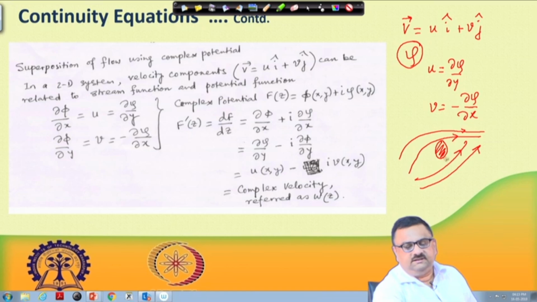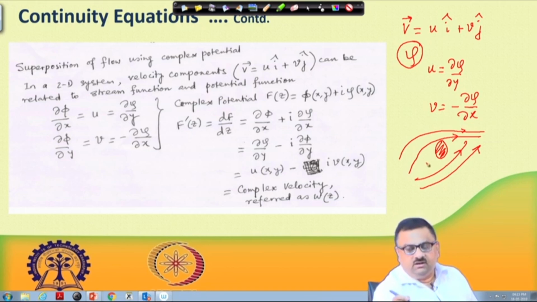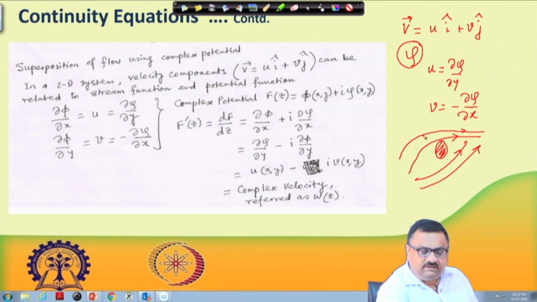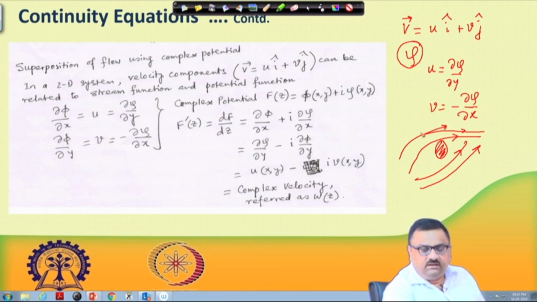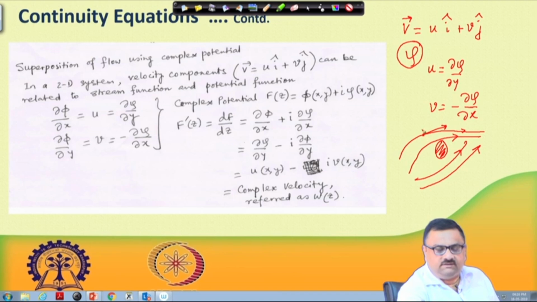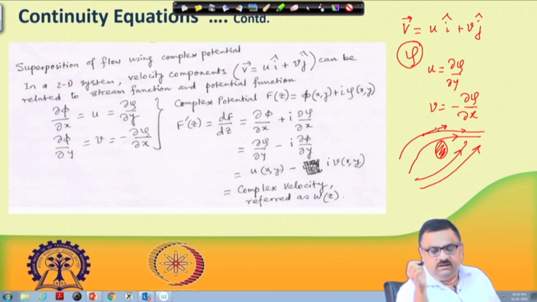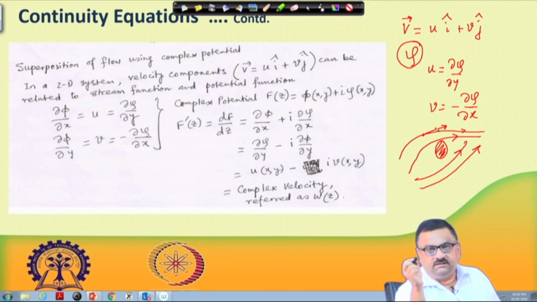These are basically the streamlines, the lines along which a paper boat will travel. What we said is that the tangent to this streamline defines the velocity at this point.